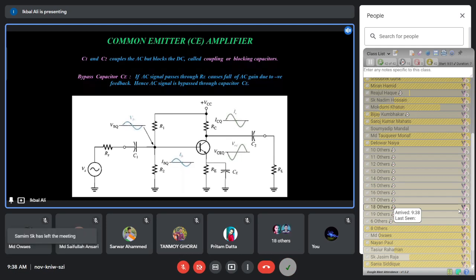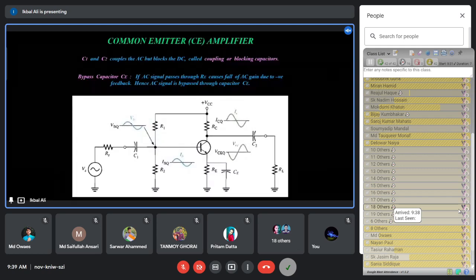And also, after the junction transistor amplifier, you have devices like JFET, MOSFET, CMOSFET. These can also be used to amplify signals. There are amplifier circuits with the help of those devices, and they work in a similar fashion to the transistor.